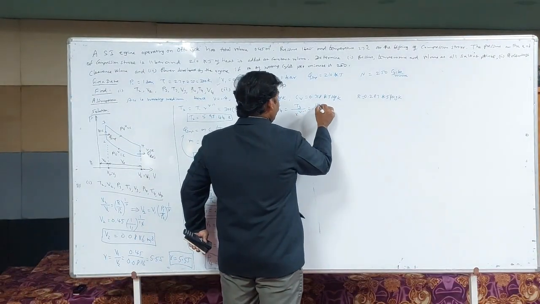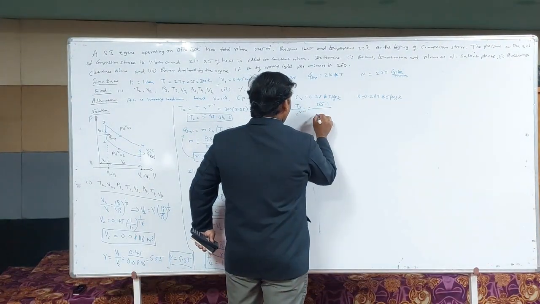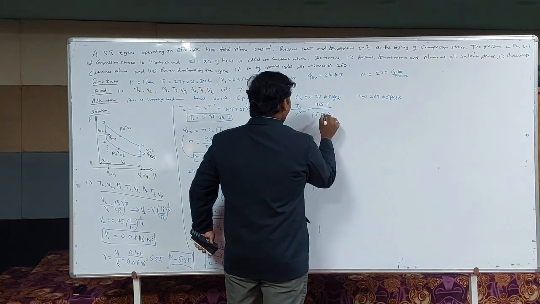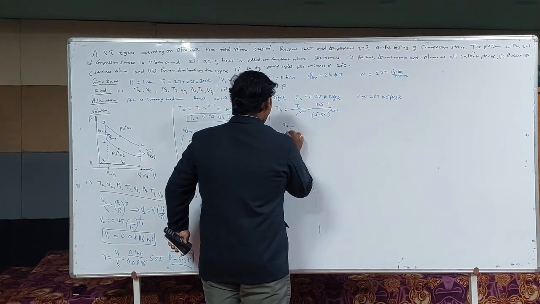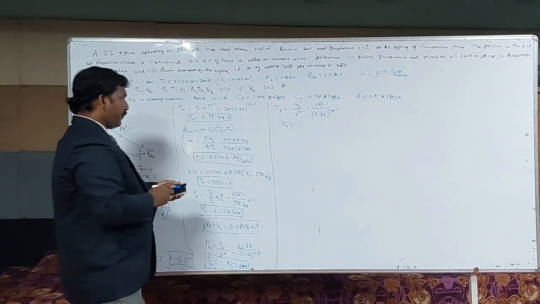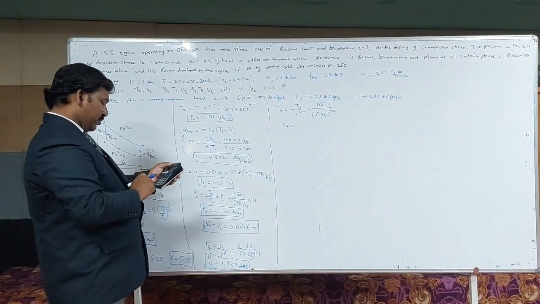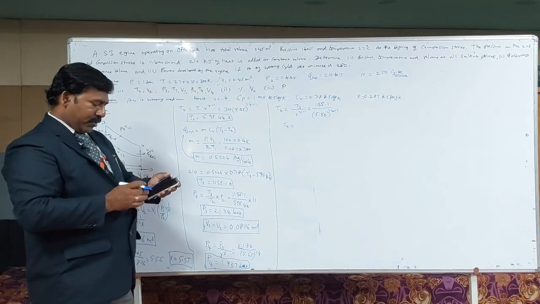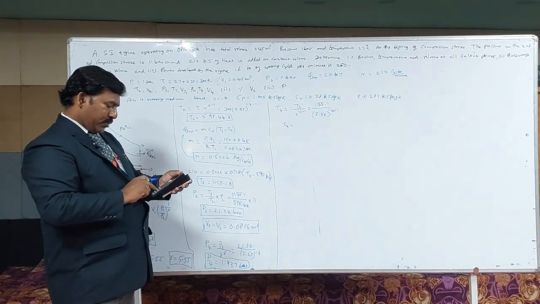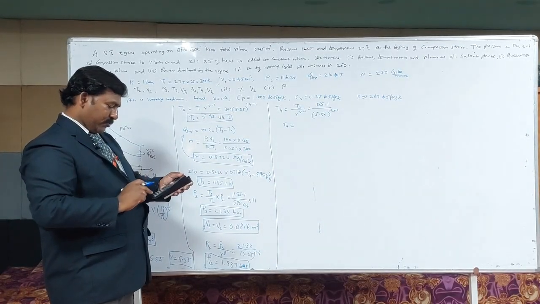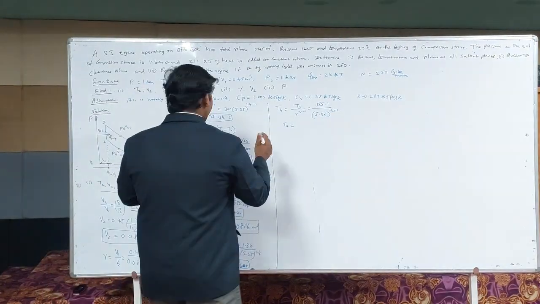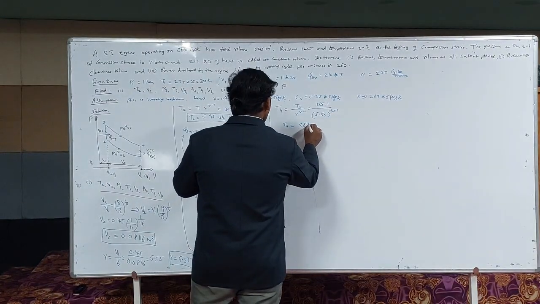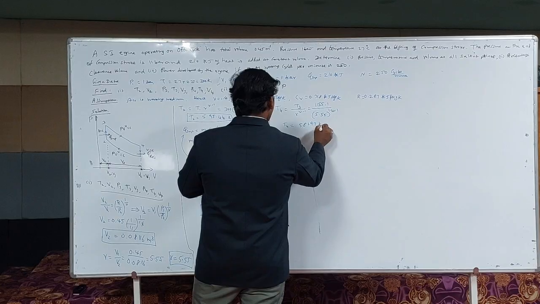So 1155.1 divided by 5.55 power 1.4 minus 1. So we get T4 equal to 1155.1 divided by 5.55 power 0.4, which is 581.97 Kelvin.